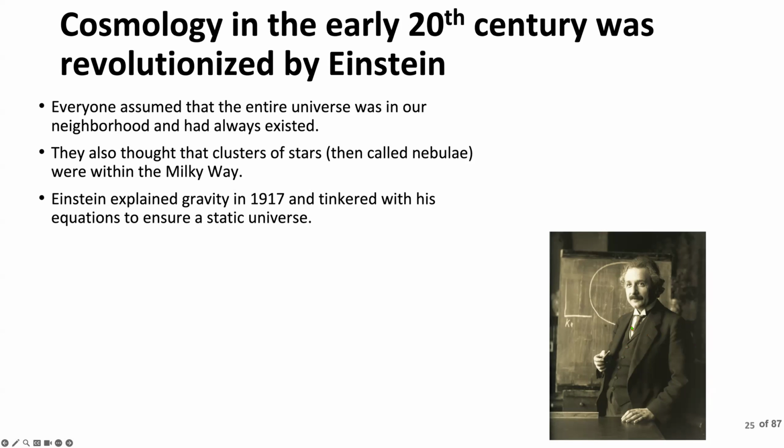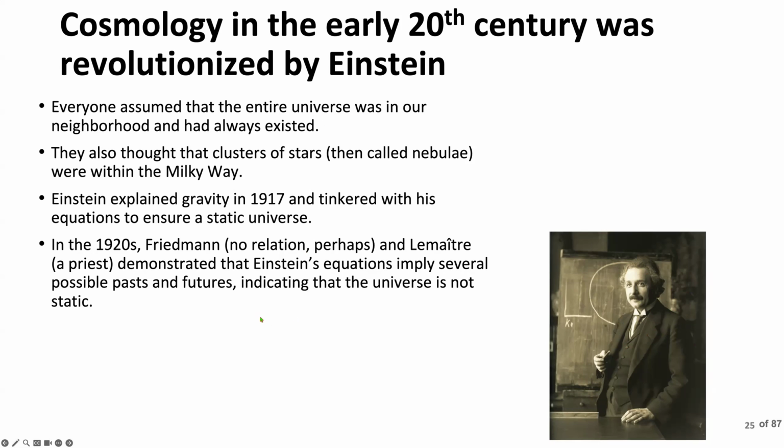he had to do some contortions in the math to make sure that the results of his calculation produced a result that showed a static universe, because that's what all the astronomers told him. The universe is static.